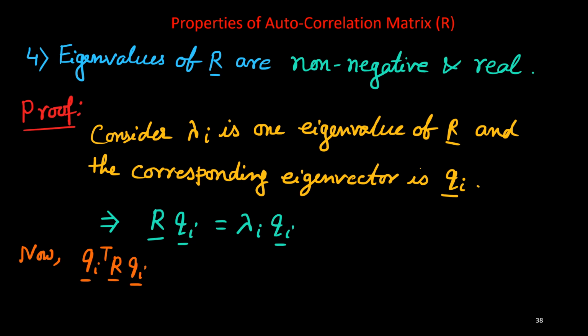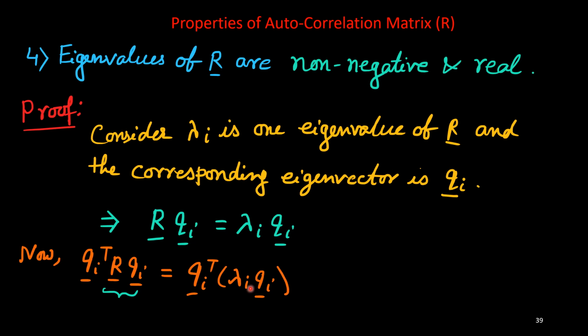Now we'll consider qi transpose R qi, because already in the third property we have seen that for any vector u, u transpose R u is always more than or equal to 0, because R is a positive semi-definite matrix, and we can use that here. So in qi transpose R qi, R qi we have already seen equals lambda i times qi, so we can replace it.